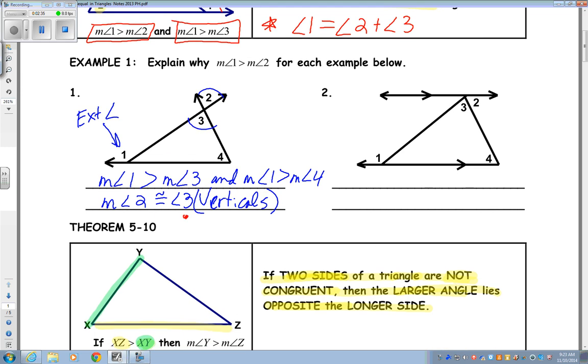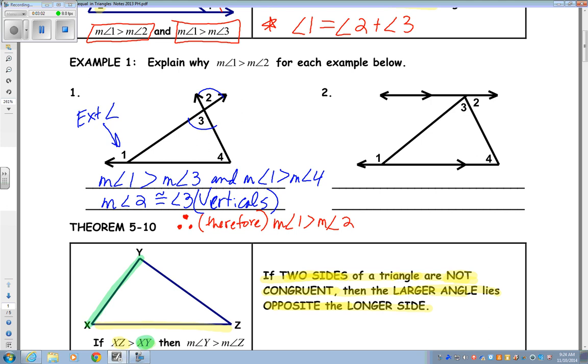Whenever you see 3 dots in the form of a triangle, that means therefore. This is what we use when we're trying to come up with our conclusion. We're about to draw a conclusion based on what we know. So therefore, what could I say? Since I know 2 and 3 are congruent, what can I say about 1 and 2? Angle 1 is greater than the measure of angle 2.